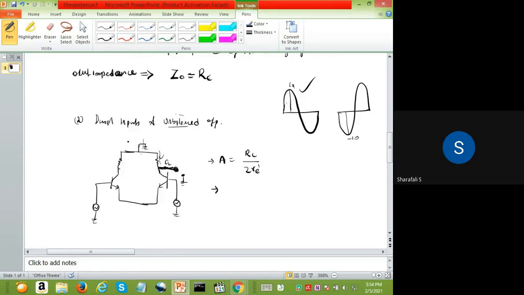If 5-volt DC is applied here, 5 volt is here also. When we take the difference in the first case, that DC component will be matched. But in this case, we are considering only this side, taking output from this side with the ground. So this DC component exists. So in this case, both AC and DC components are present.